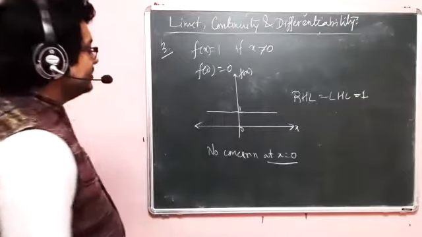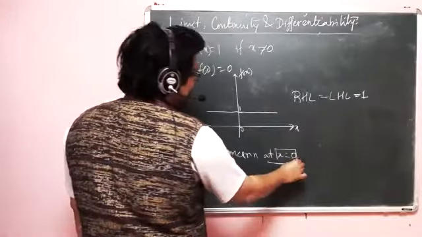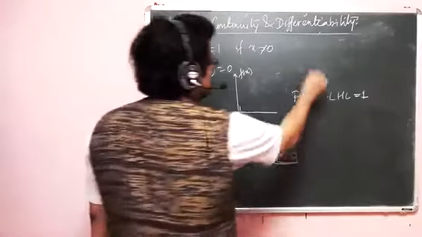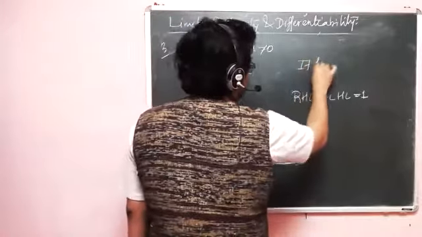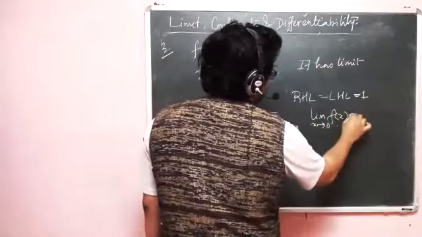And because of that, since the function changes its value only at x equals 0, it doesn't bother us. So it has a limit, and limit x tends to 0, f(x) is equal to 1.